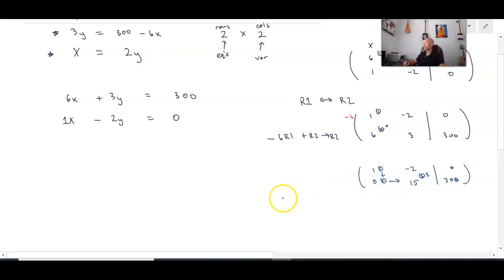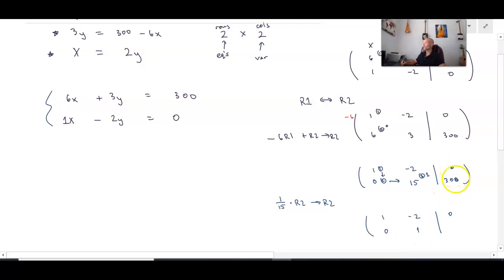And I see I can accomplish that by taking 1/15 of row 2 and just changing row 2 in that way. Another way of thinking about it is I'm really just dividing both sides of the equation by 15 if we were dealing with it in equation form. And so, leaving the first row the same, we have 0, 1/15 of 15 is 1.